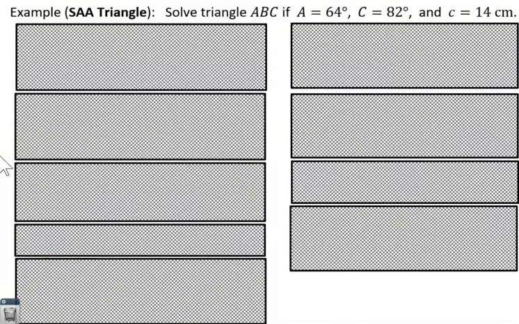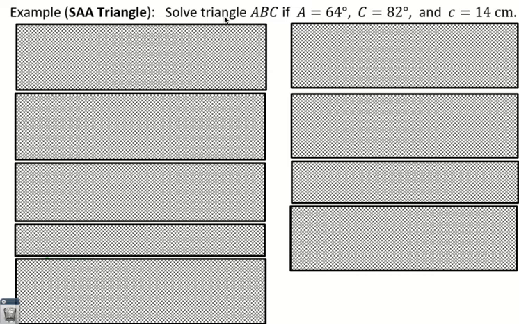So, here we go. Here's an example that says, solve triangle ABC if angle A is 64 degrees, angle C is 82 degrees, and side C is 14 centimeters. Now, when it says solve the triangle, it's not asking for anything in particular. It's not necessarily asking for the missing angle or a missing side.